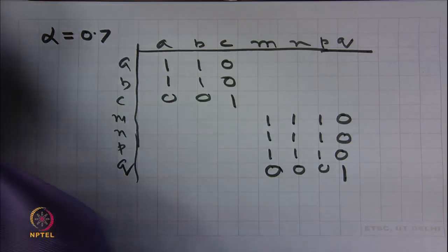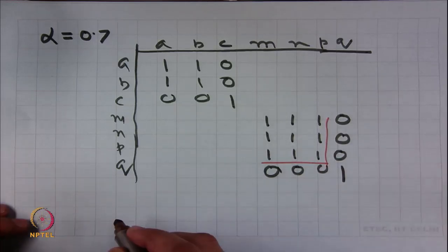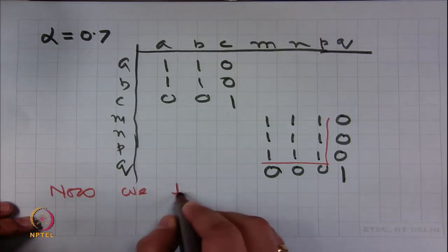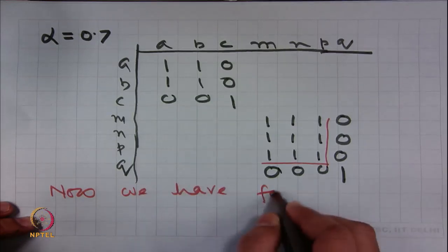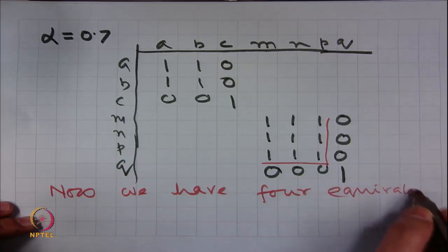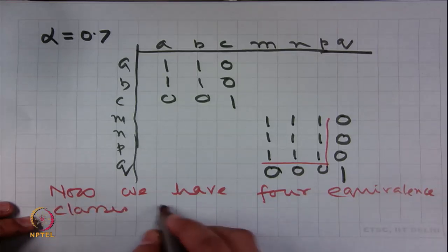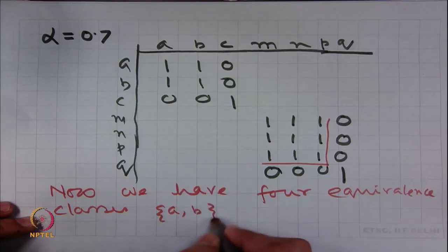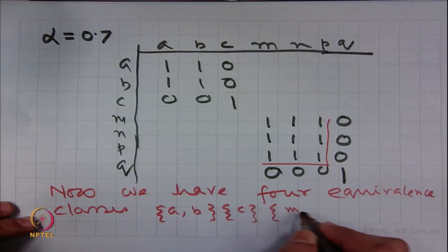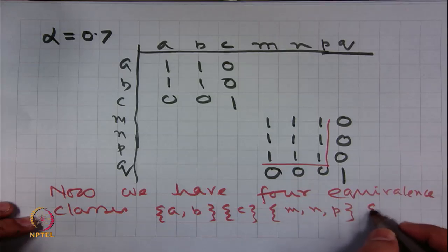Thus, with alpha equal to 0.7, now we have 4 equivalence classes, namely A, B, C, M, N, P and Q.